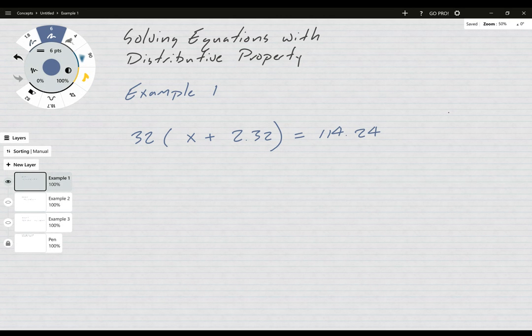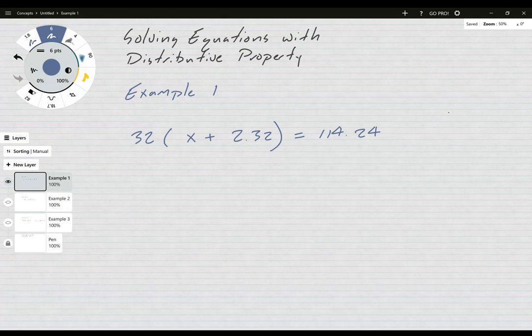It says a collector has a box of 32 figurines. The value of each figurine increased by $2.32 over the past year. The box of figurines is now worth $114.24. What was the original cost of each figurine using the variable x?